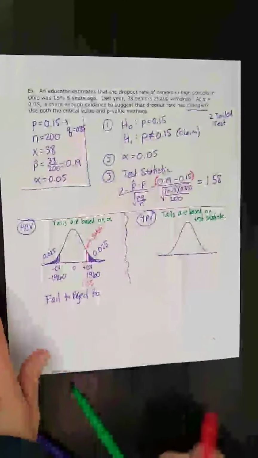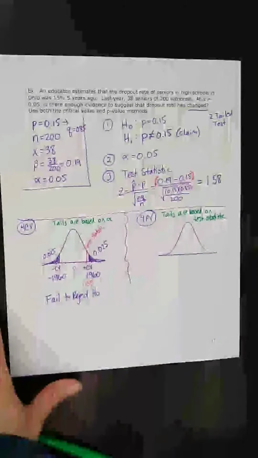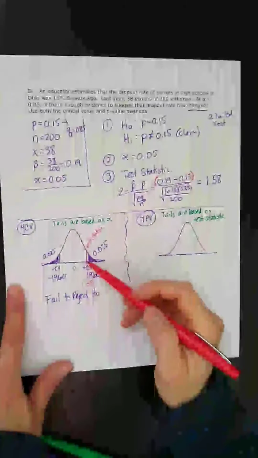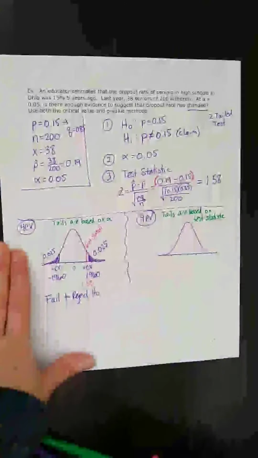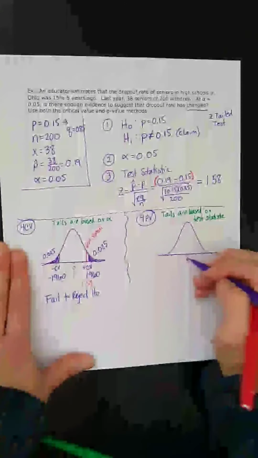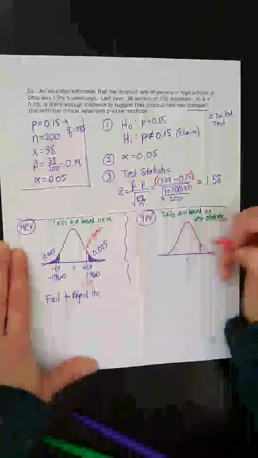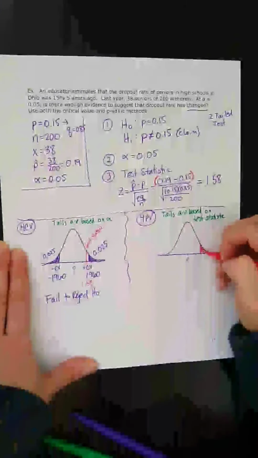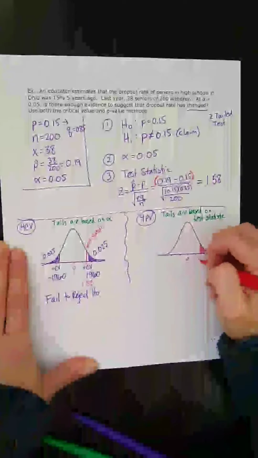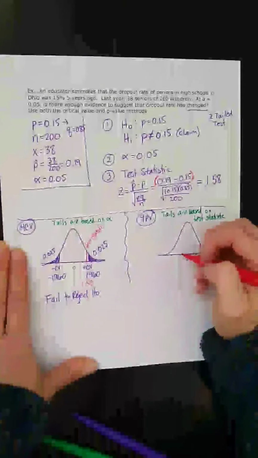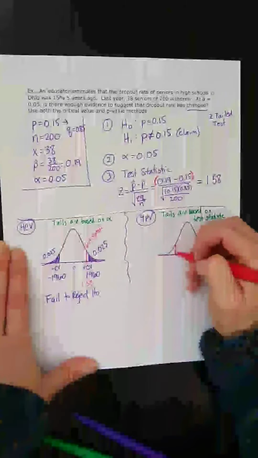Okay, so my picture, I'm strategically using my different colors here. My test statistic is in red. That's what I'm putting on here. Okay, I'm putting on my red test statistic of 1.58, and that is making the tail now. Now it's two tails, so I'm also putting on negative 1.58.